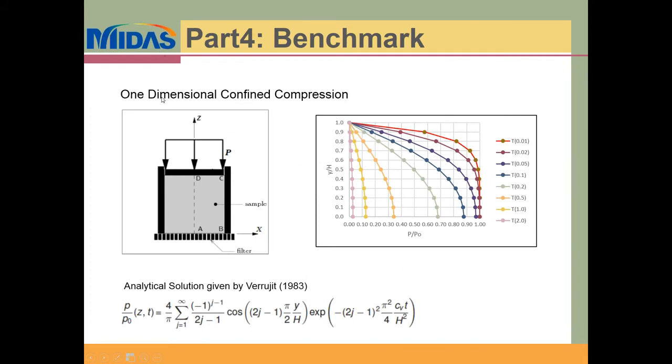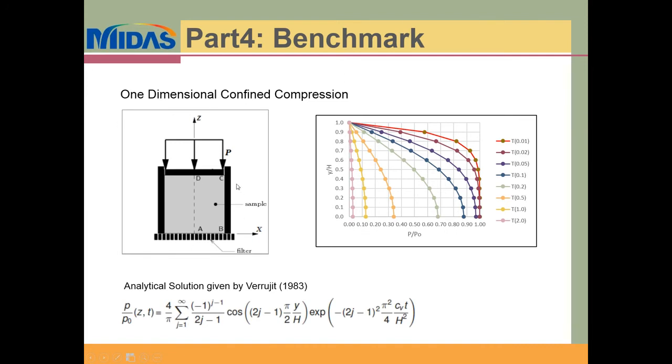And this is a case of one-dimensional confined compression. We have a homogeneous sample, and the boundaries here are considered smooth and frictionless. We applied a uniform pressure at the top of the piston, and then the soil is allowed to compress. Then we have this filter here for the dissipation of the pore pressures.